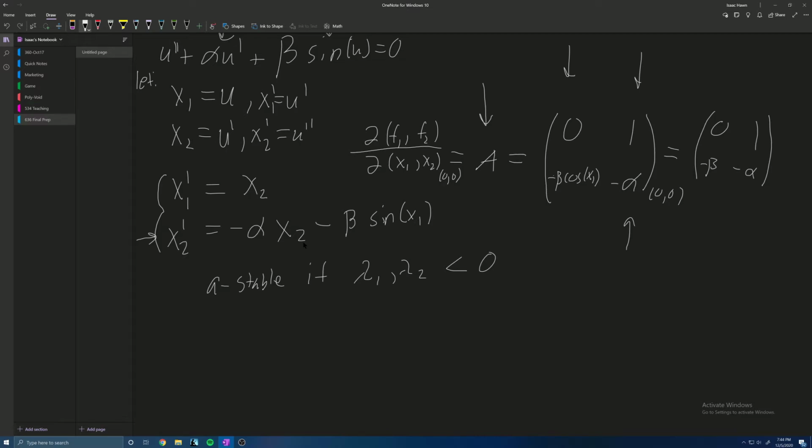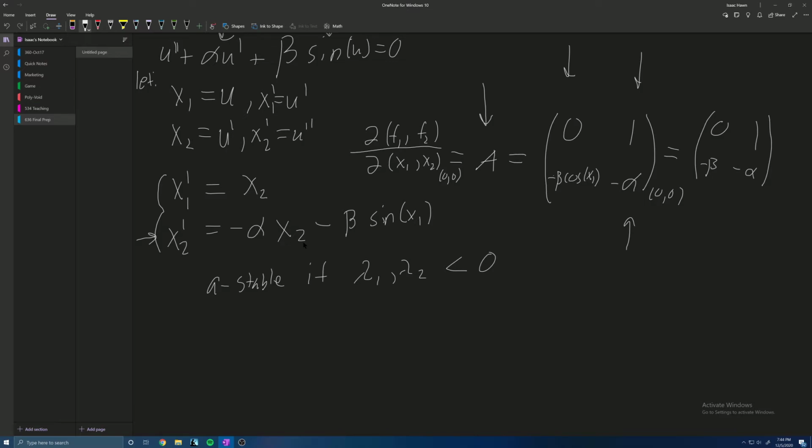Well, we have alphas and betas in here. Those are the parameters on the system of the pendulum. But it doesn't really matter what those are because we notice that the sum of the eigenvalues is going to be the trace of the matrix.